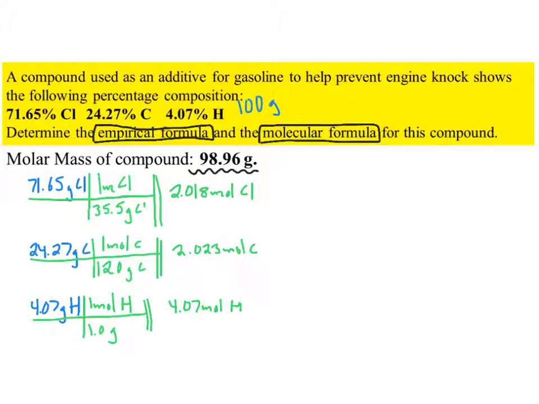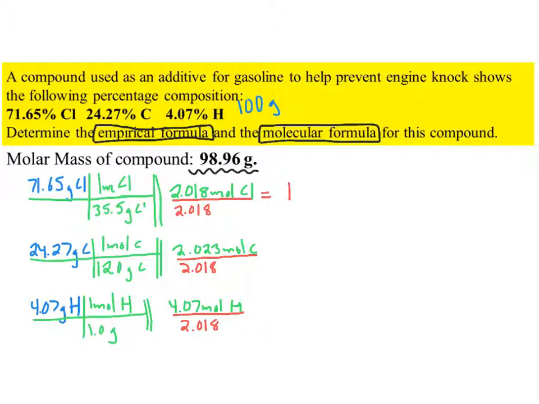Next thing to do would be divide by smallest. And in this case, my smallest value comes from chlorine, 2.018. I divide each by 2.018. For the first one, I get a number that is exactly 1.